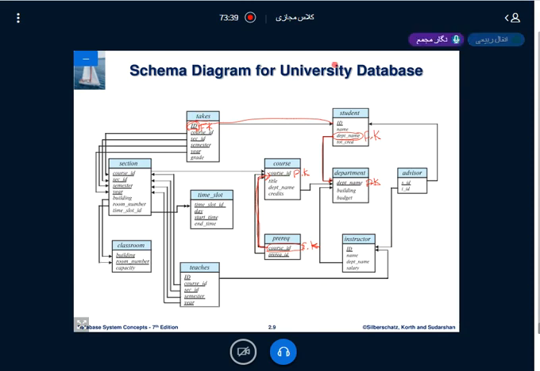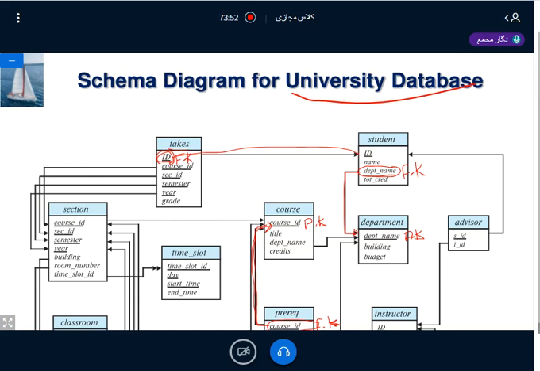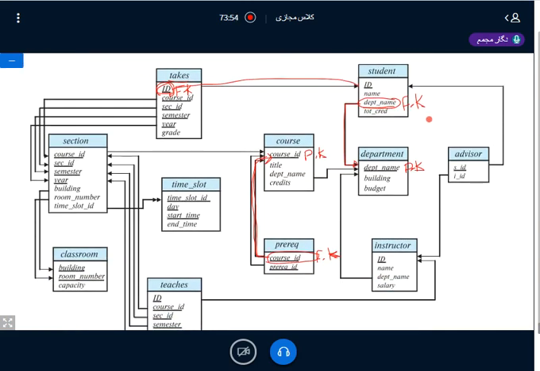And this is the schema of the database, the university database. Okay, in this slide, see the schema diagram for the university database. As I said at the beginning of this session, we have many tables in the schema.